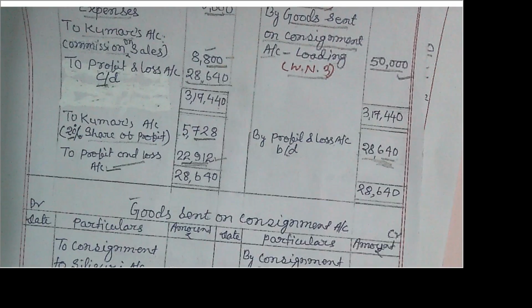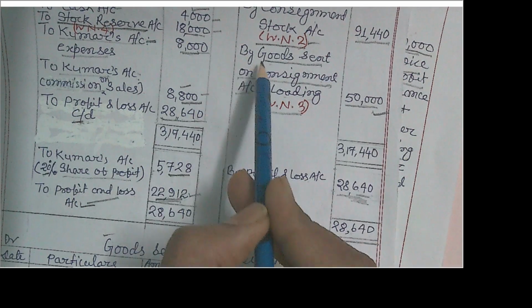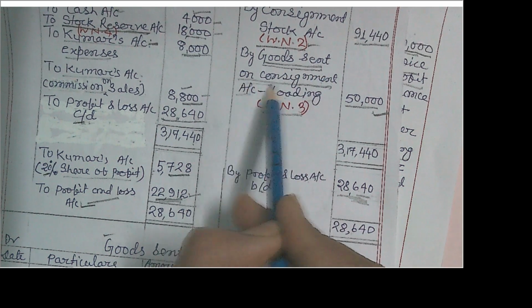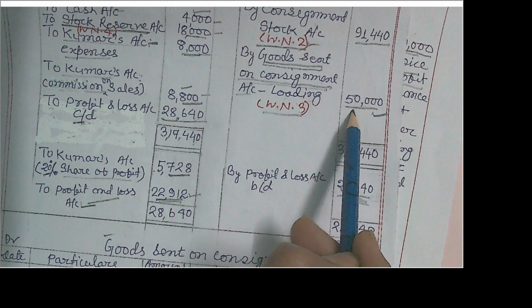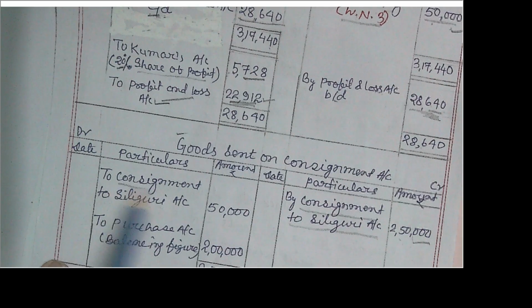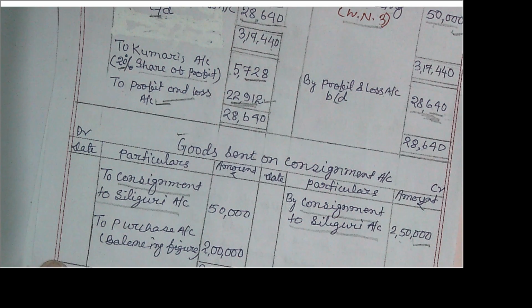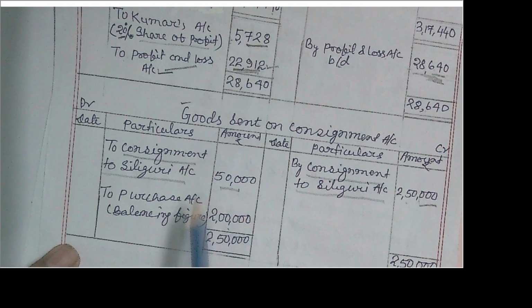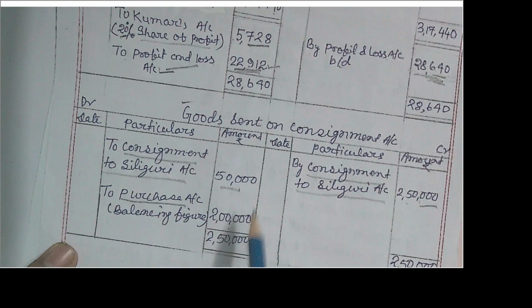And here on the credit side is a loading. Here again we have written goods sent on consignment account loading, so an extra 50,000 rupees is added. So here consignment to Siliguri account 50,000. So this is the balance transferred to purchase account. Since he is not a manufacturer, probably Anuj himself purchased the goods, and out of the purchased goods he has sent to the consignee for consignment business.